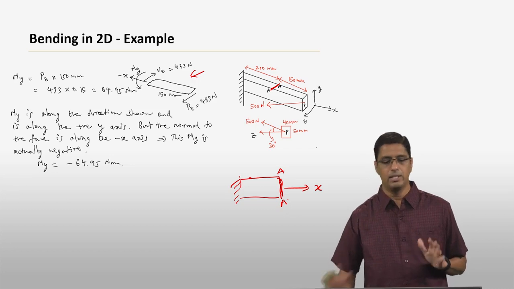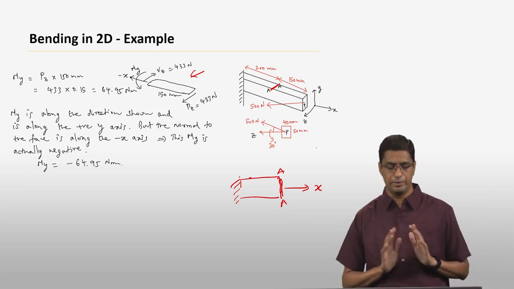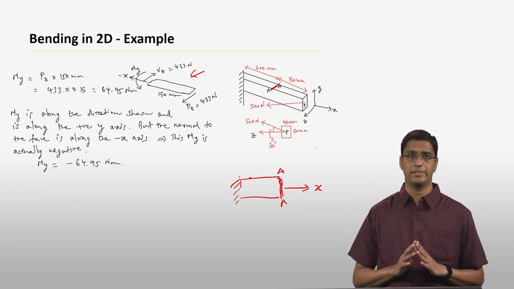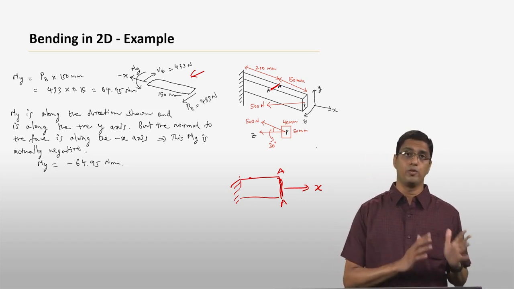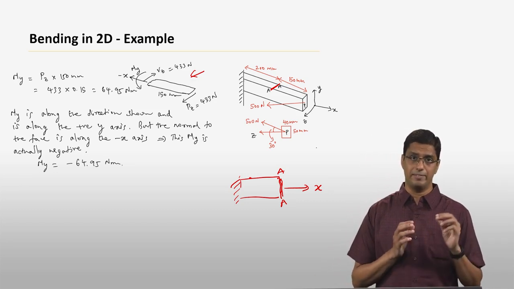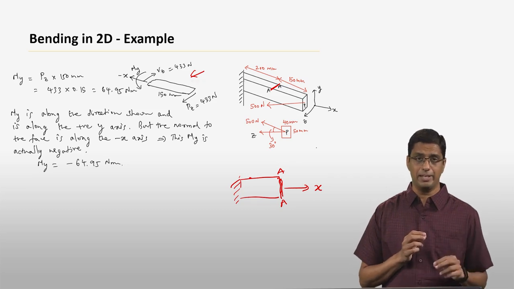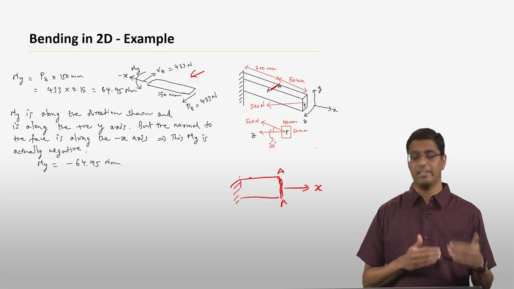Okay, so this is, I would say, one of the most important things that you have to do in solving a problem like this. Once you find My and Mz with the correct sign and the correct magnitude, then the rest of it is fairly straightforward.